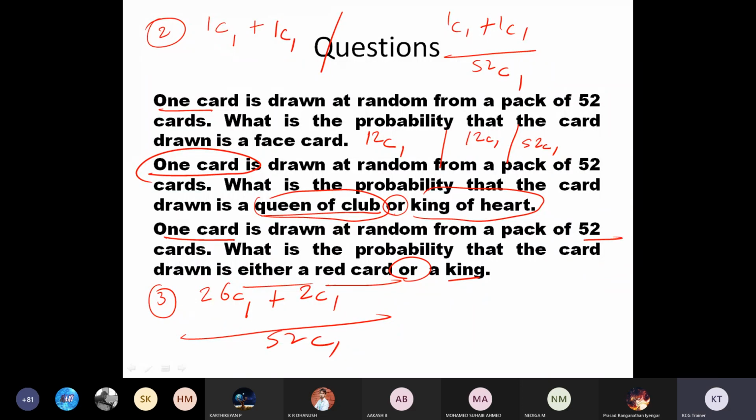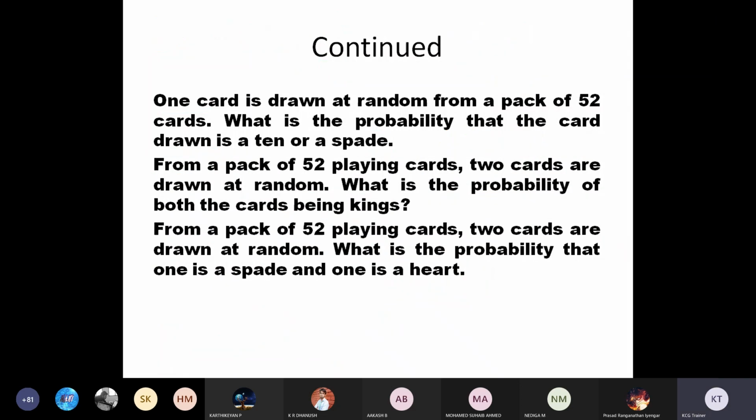All of you understood these 3 questions? Yes, sir. Try the 4th question yourself.